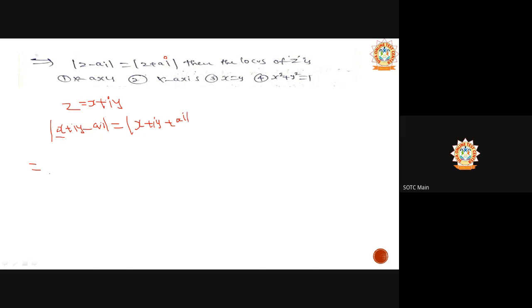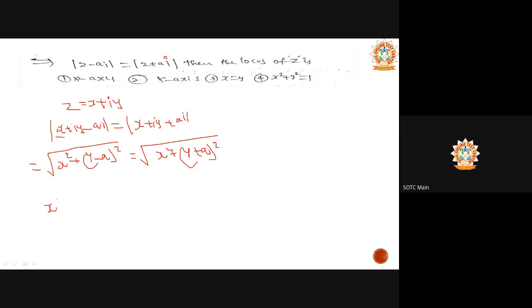Yes or no? So if you find the mod for this, what will become: under root x square plus (y minus a) whole square. Yes or no? That is equal to under root x square plus (y plus a) whole square, right? So now squaring both sides, these roots cancel.